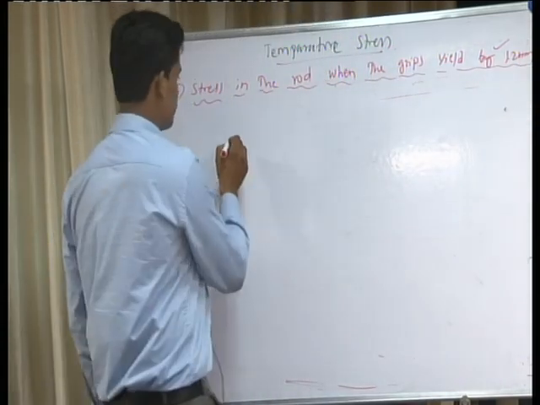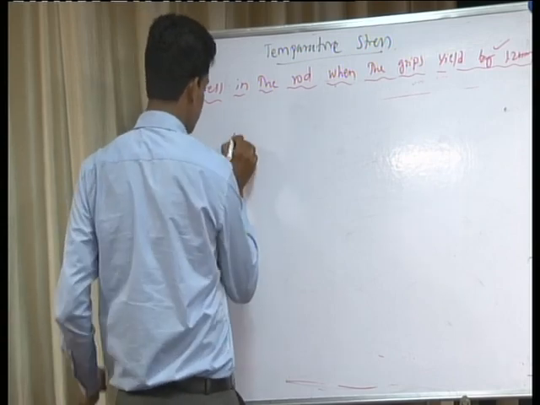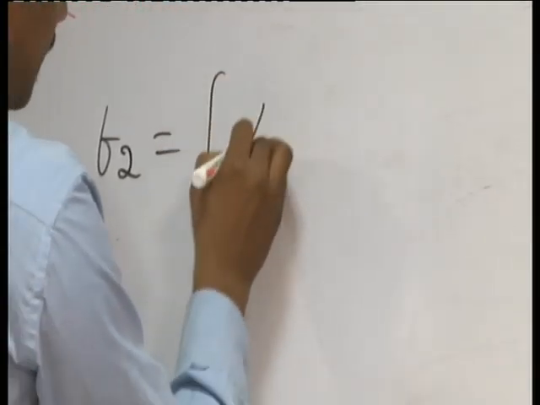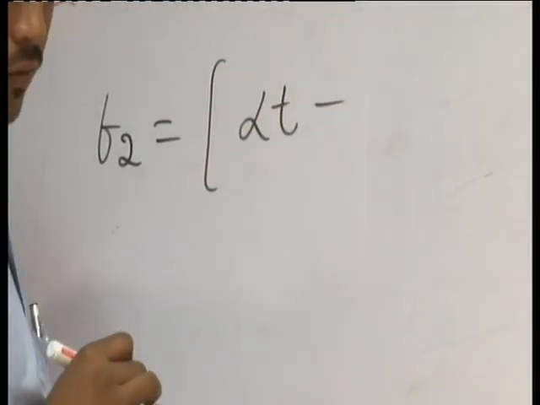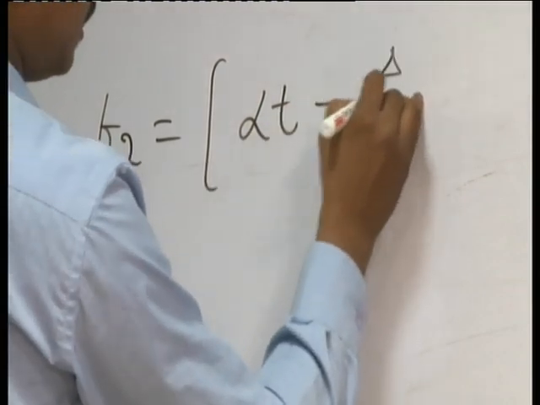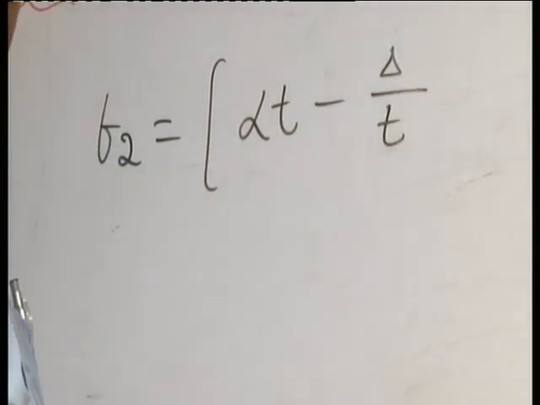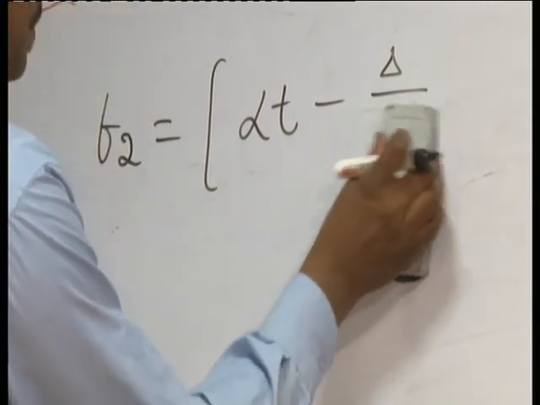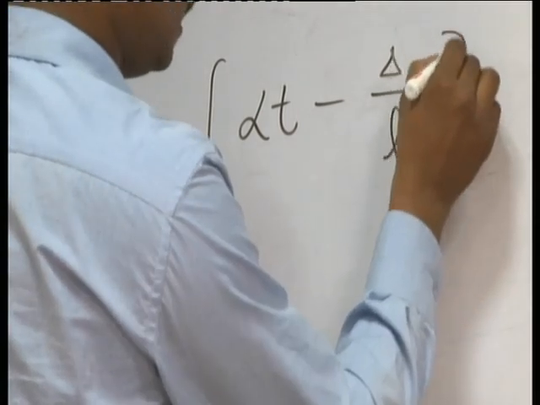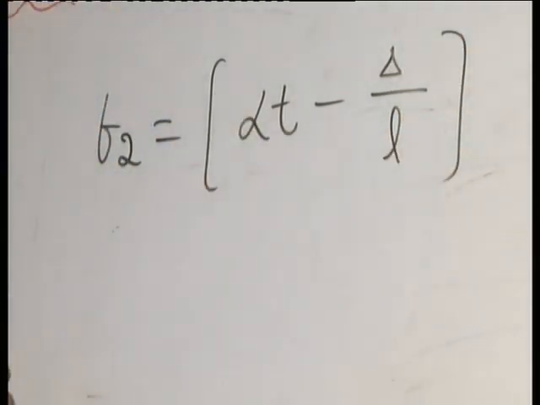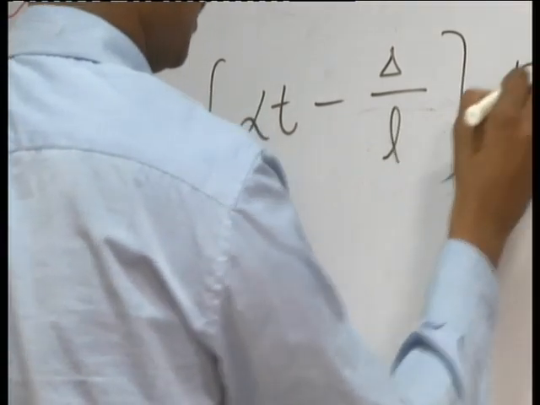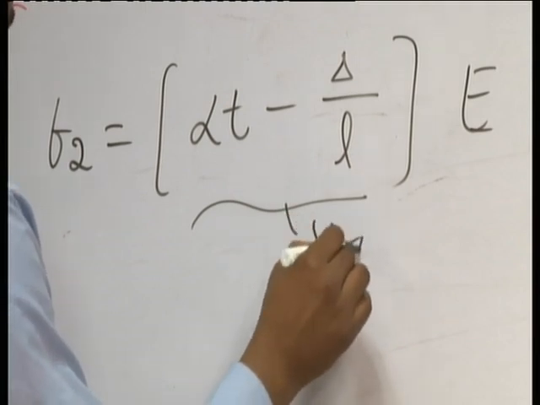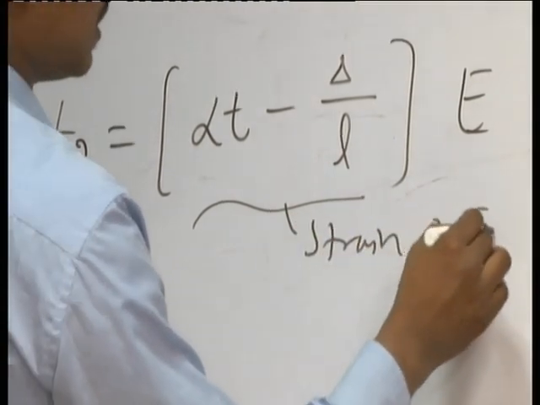This is very important. The expression for F2, as I already told in the theory, is alpha T minus delta by L, into E. This is the strain into Young's modulus, the same concept.